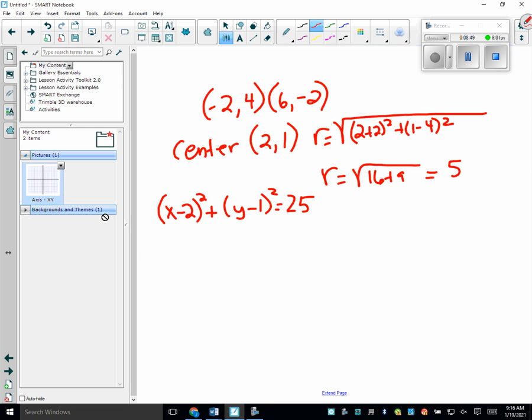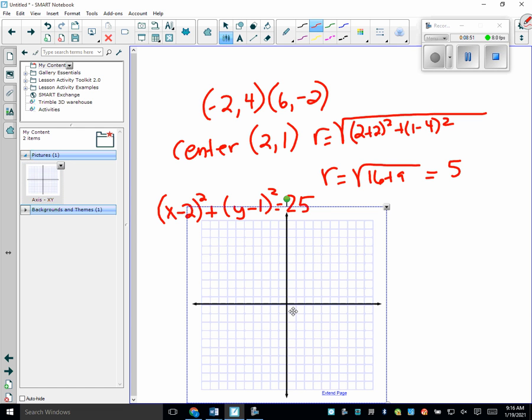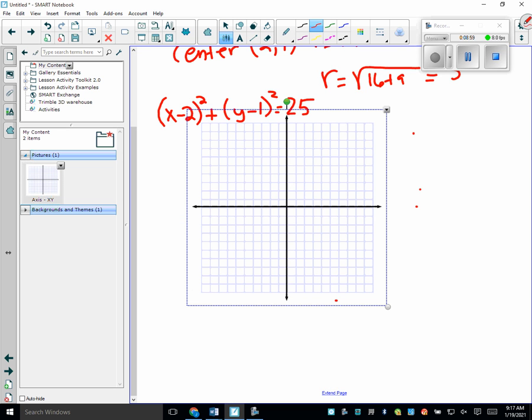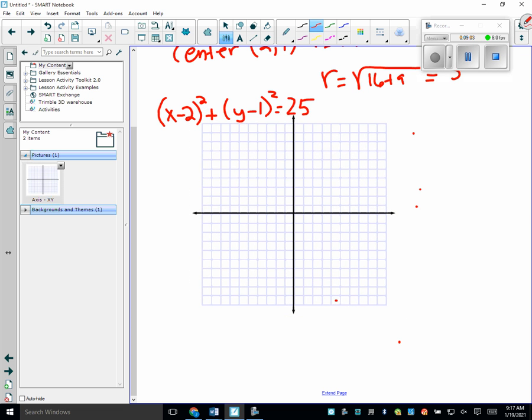Now, can I graph that? The center is (2, 1). How many do I go each direction? 2, 5.